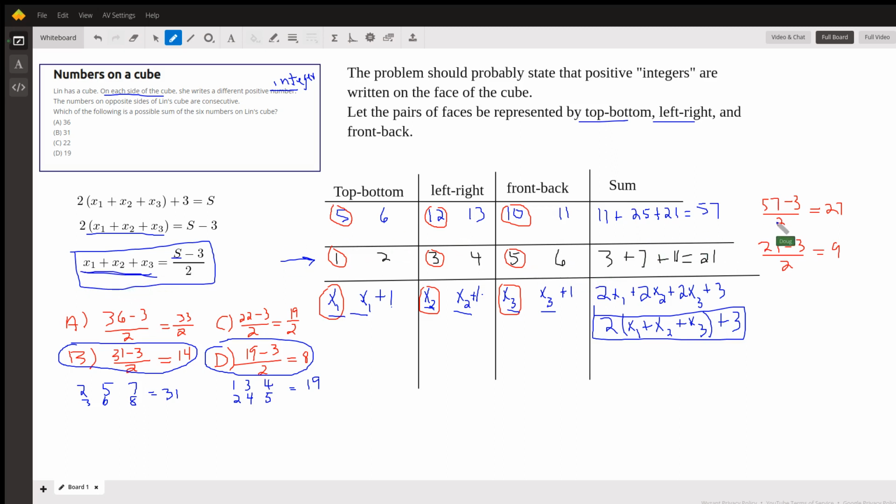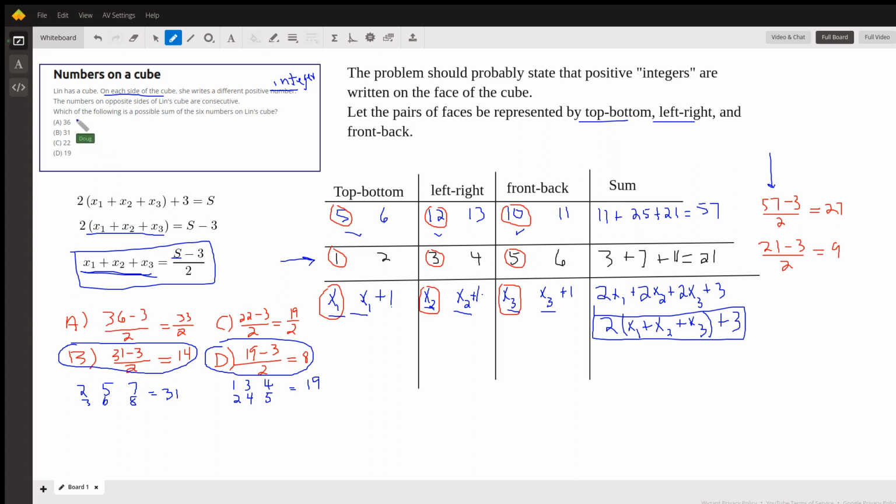So for example, over here, for 57, I subtracted 3 from the sum, divided by 2, got 27. 5 plus 12 plus 10 adds up to 27. And 1, 3, 5 gave us 21 minus 3 is 18. 18 divided by 2 is 9. 1 plus 3 plus 5 is 9.